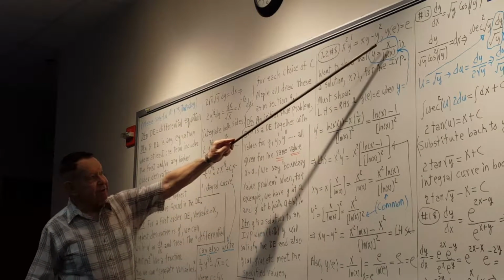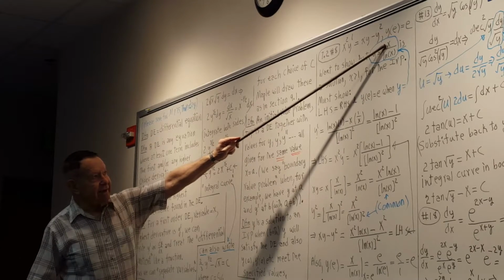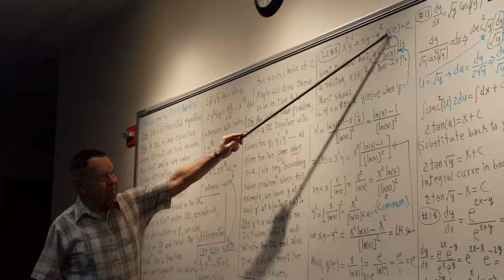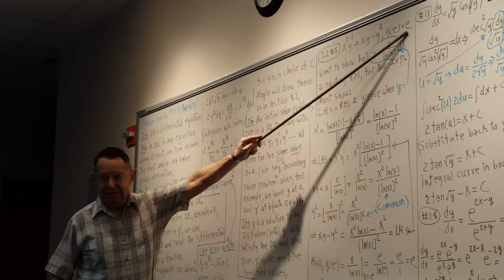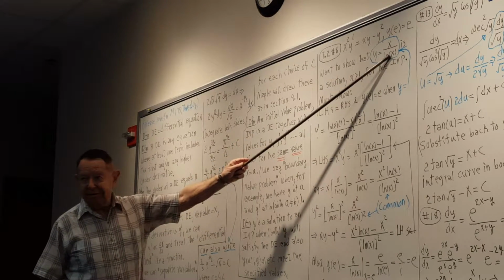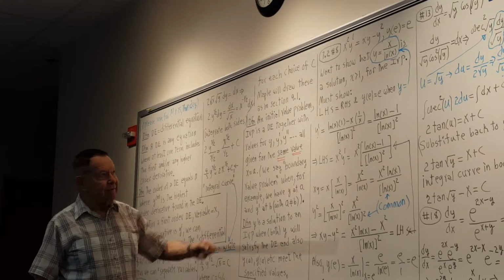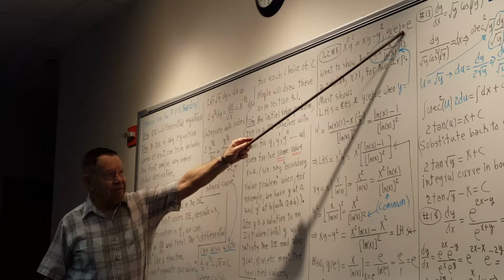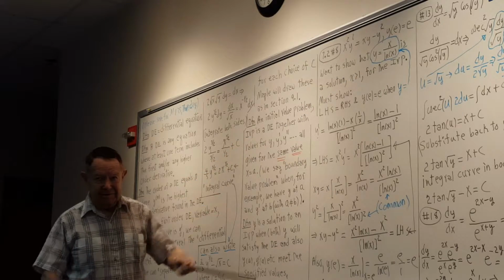And you also have to show that if you put E there and there, which would be Y of E, that this is what you get. You can see that it is because log of E is 1. So this does give you the correct initial value.